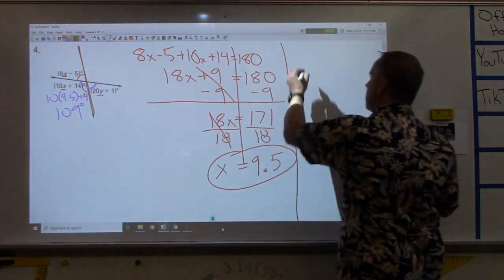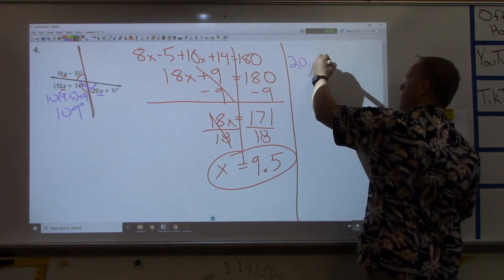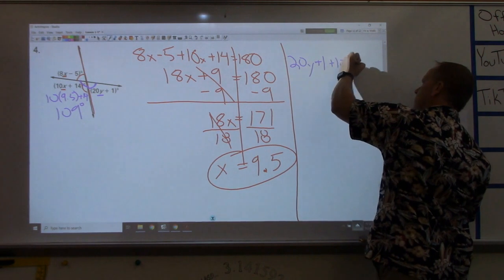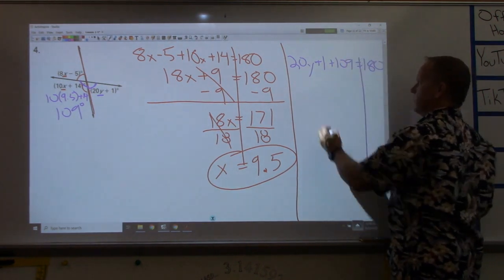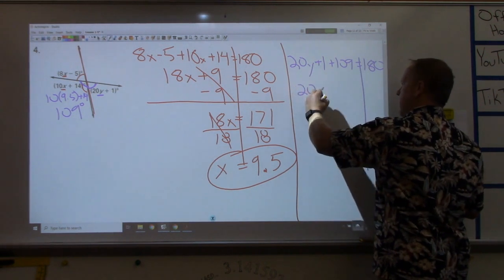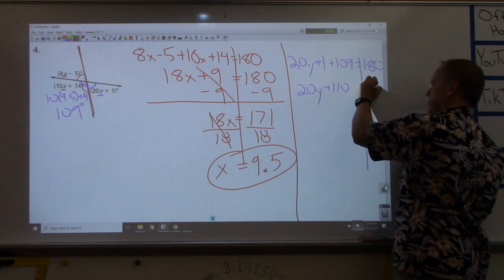So now I know that 20y plus 1 plus 109 should give me 180 as well. Algebra. 20y plus 1 plus 109 equals 180. 20y plus 110 equals 180.